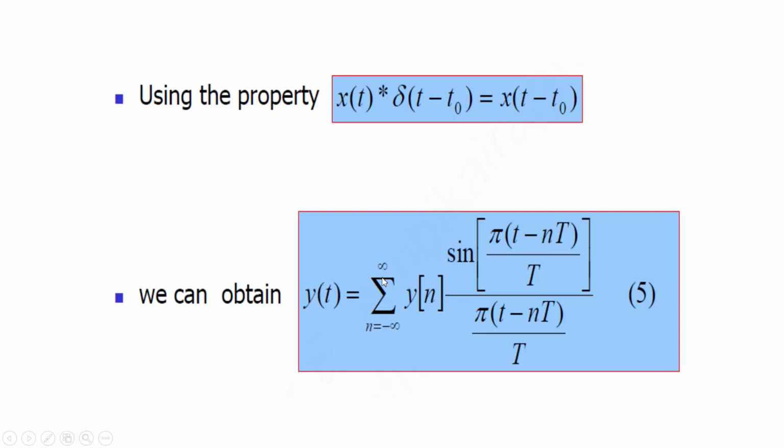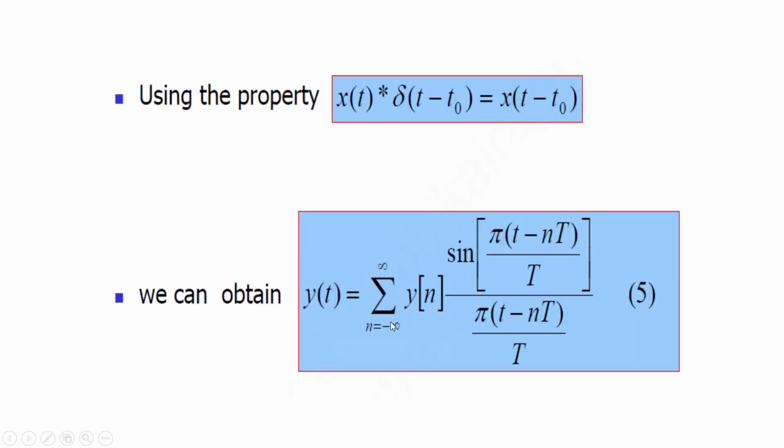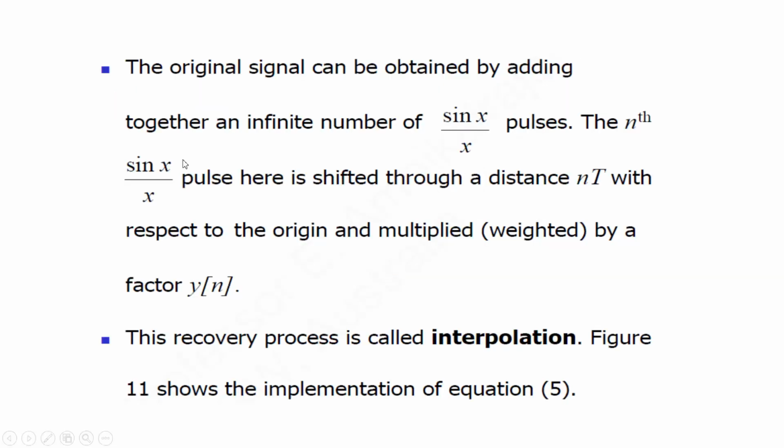That means the original signal can be obtained by adding together an infinite number of sin x by x pulses, because n varies from minus infinity to infinity. There will be an infinite number of sin x by x pulses.